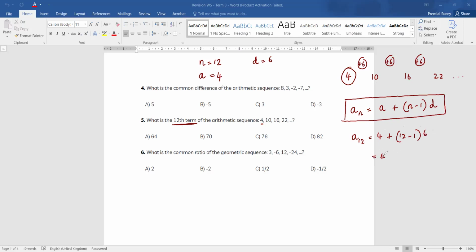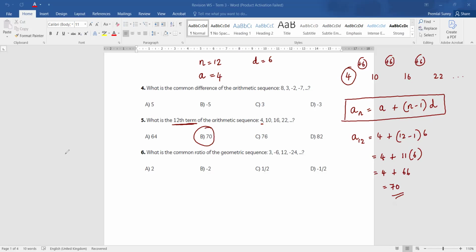So this will give us 4 plus 11 times 6, which is 4 plus 66, which is 70. So in this case, option B will be the answer for the 12th term.